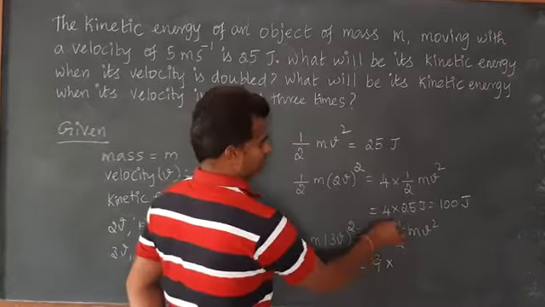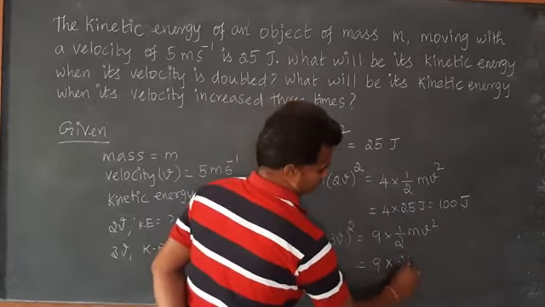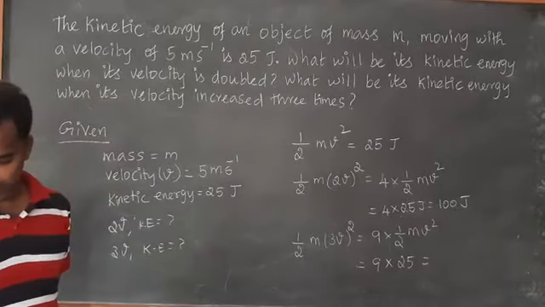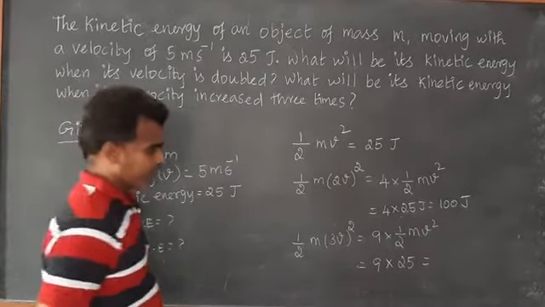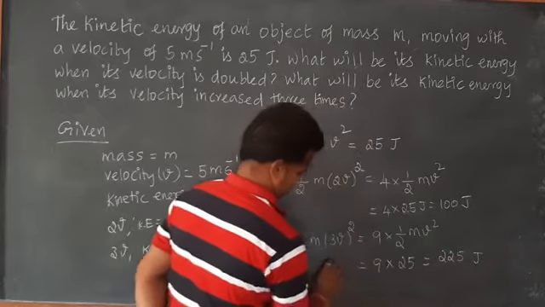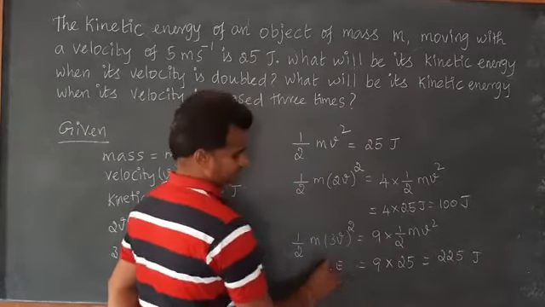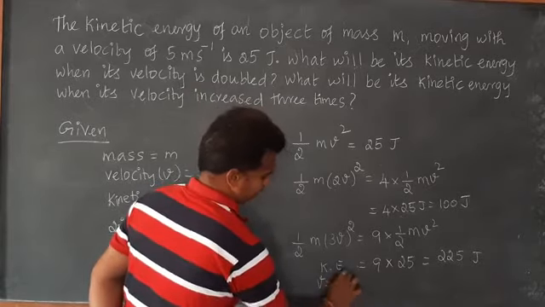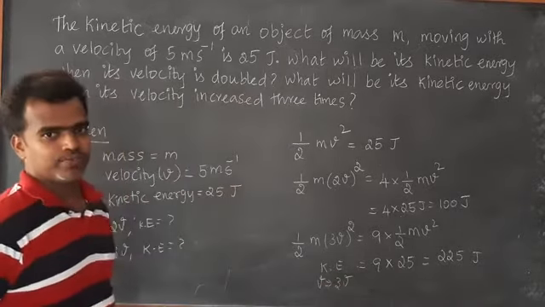What is the value of half m v square? 25 joule. So 9 into 25 is 225 joule. That is the kinetic energy when the velocity becomes 3 times.